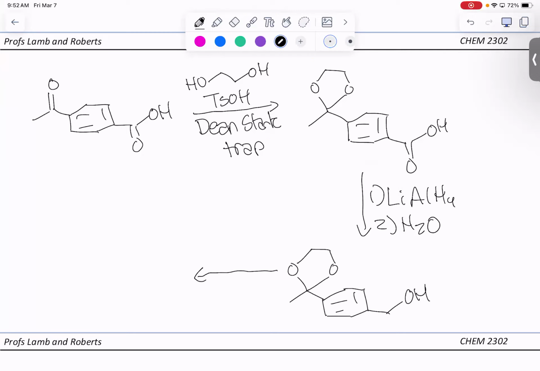Now we can just add in a little bit of H3O plus and heat, and we get to our product, right? We can do the deprotection. So this is what we have to do. We have to protect something so we don't destroy it. We do another reaction with a reagent that it would be incompatible with, and then we deprotect it.